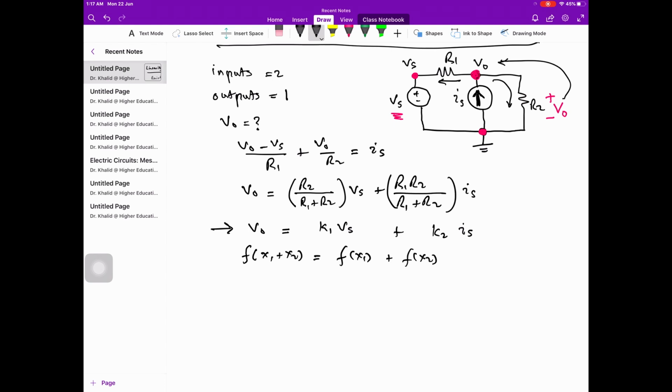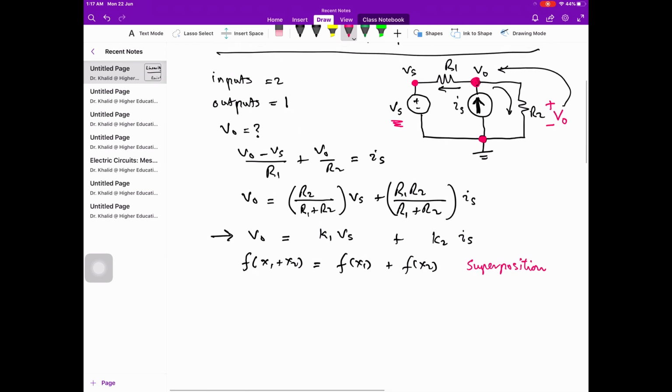This property of linear circuits is known as superposition. The principle of superposition can be further explained if we consider these two sources one by one.